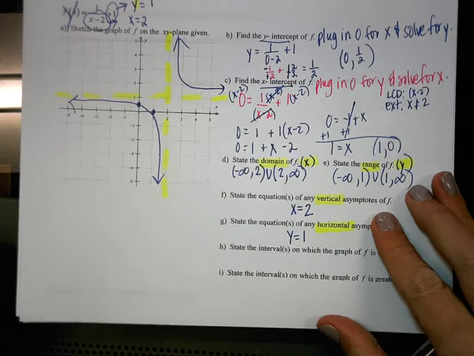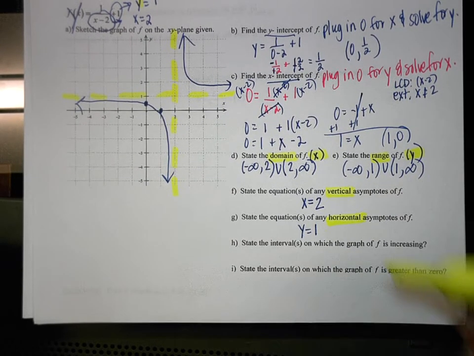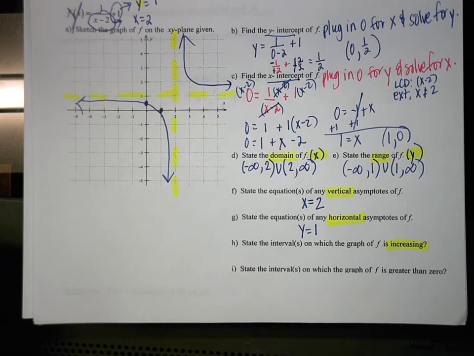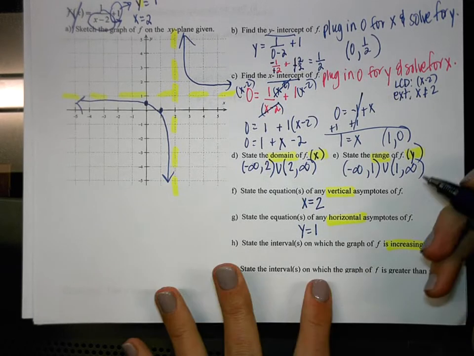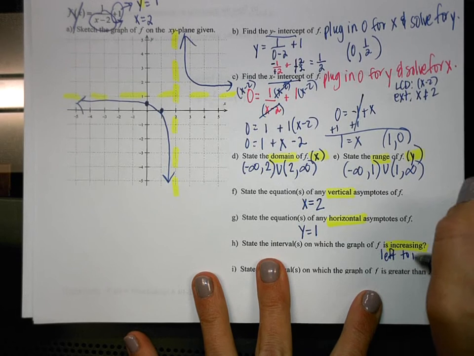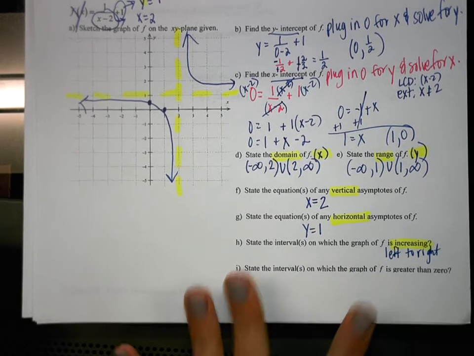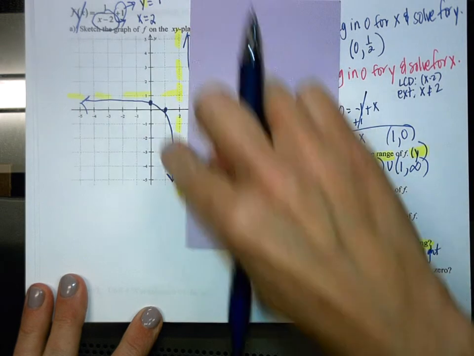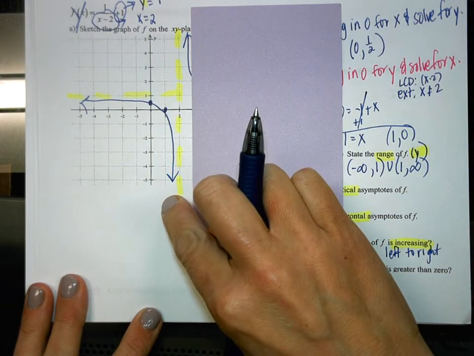Okay, next it asks us to state the intervals on which the graph is increasing. Now remember that when you're reading increasing or decreasing, you are always reading your graph from left to right. Okay, now as you're going from left to right here, what's it doing? Going down. It's decreasing.